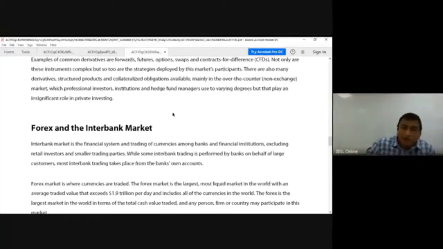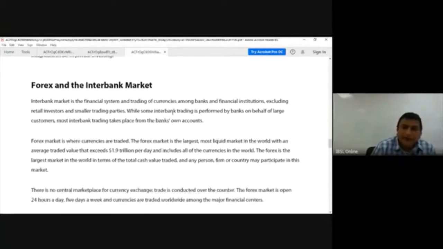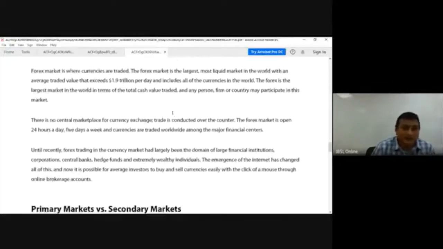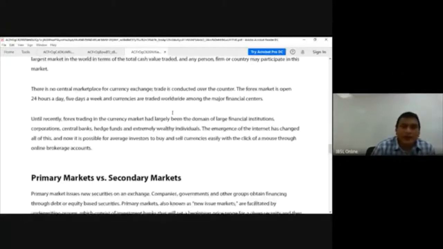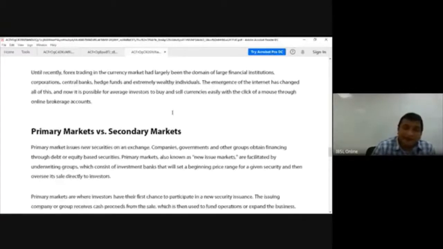Although in the call money market we know each other very well, we have set our limits. So that's the most liquid form of exchanging money market assets. Forex is foreign exchange, where currencies are traded. You will get a glance already into some of these concepts, but you can read through. And as I said, primary and secondary.